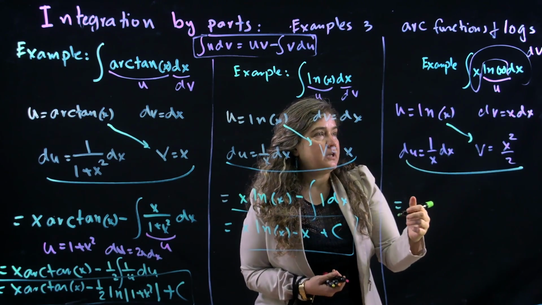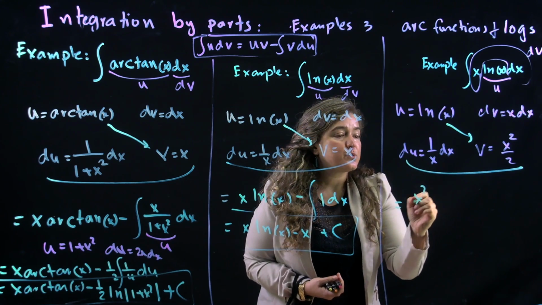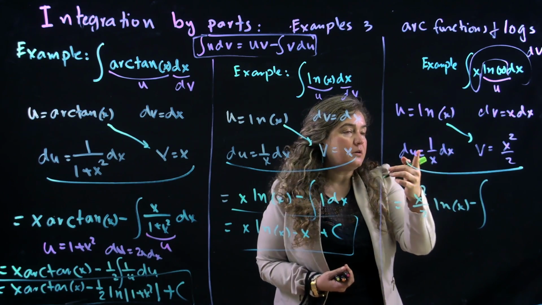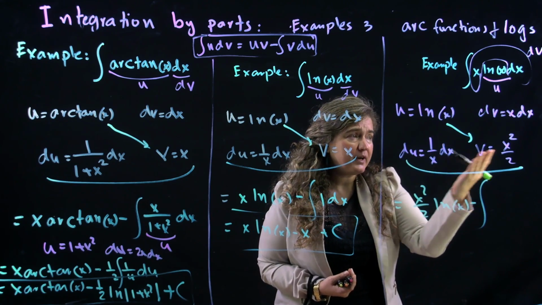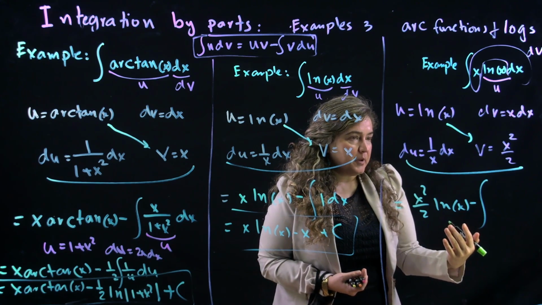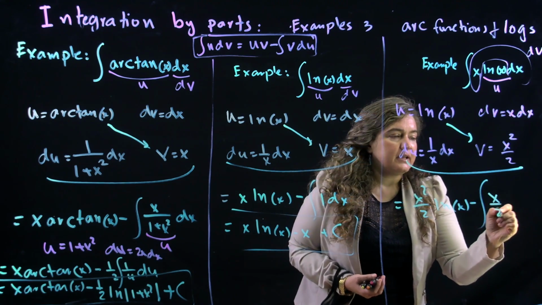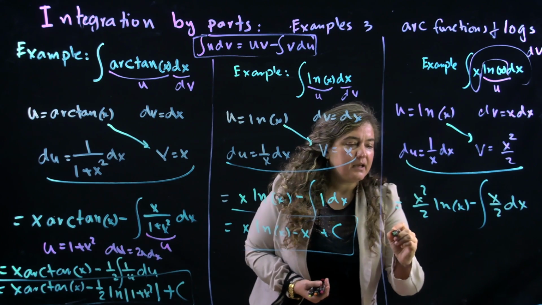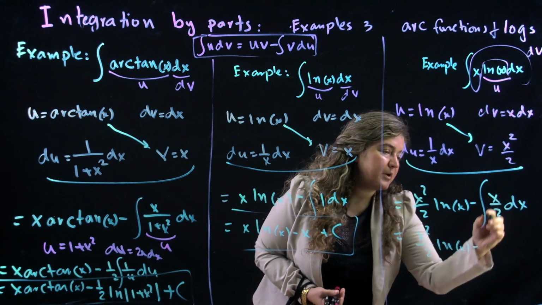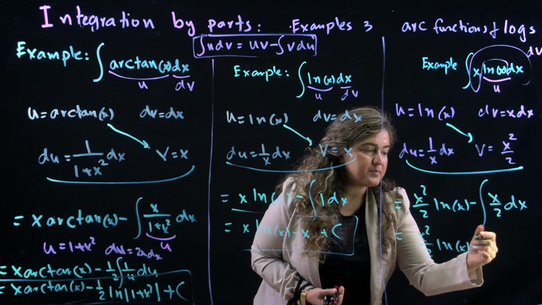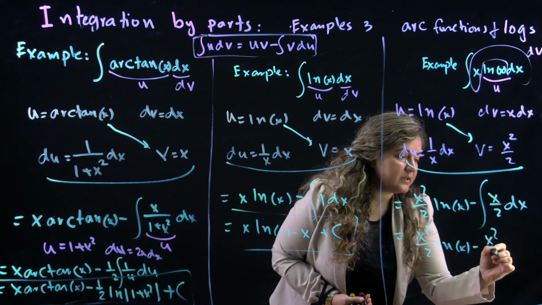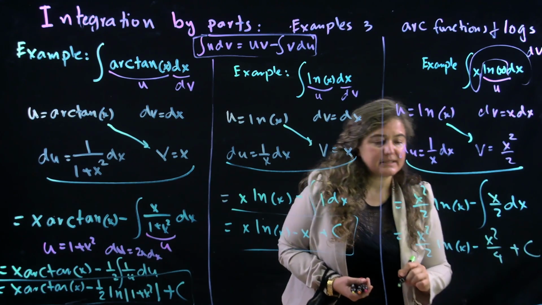So the answer is x squared divided by 2 natural log of x minus the integral of 1 over x dx times x squared divided by 2, which gives x divided by 2 dx. So it's x squared divided by 2 natural log of x minus 1/2 comes out, x squared times 1/2, so x squared divided by 4, plus c.